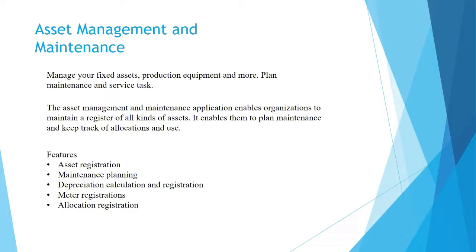And it integrates with the accounting module regarding depreciation bookings. So these are the features of asset management and maintenance: asset registration, maintenance planning, depreciation, actualization registration, meters registration, allocation registration.